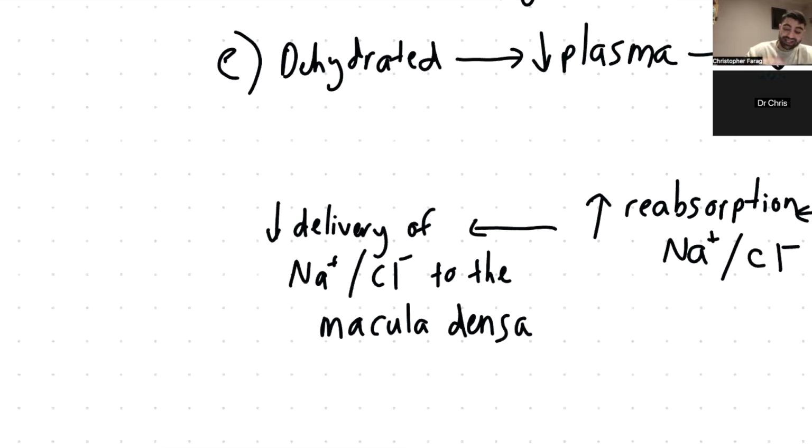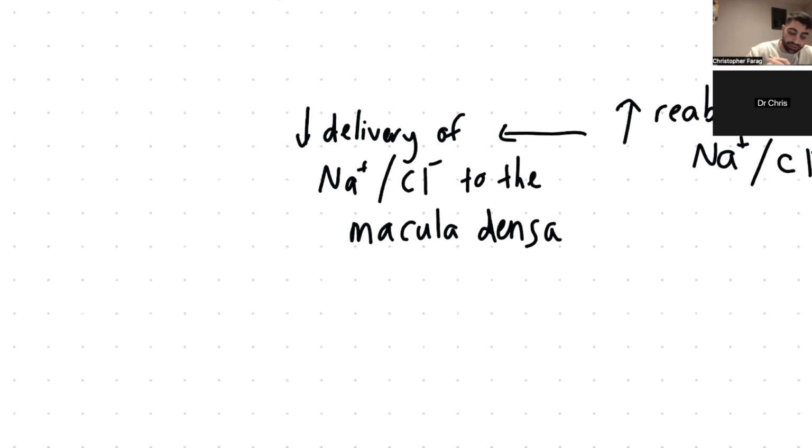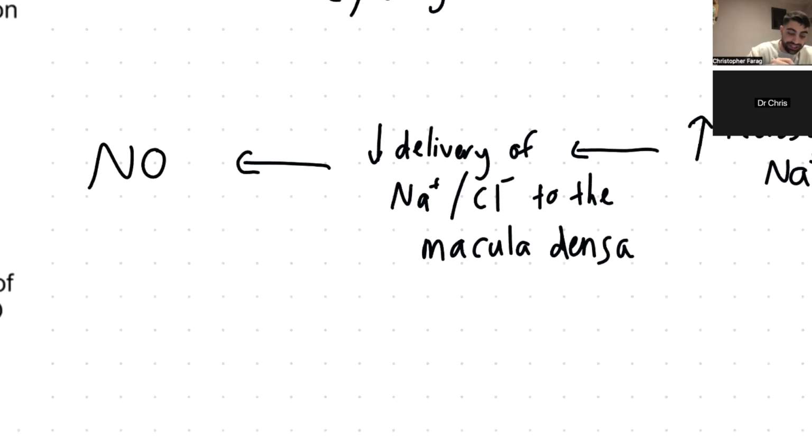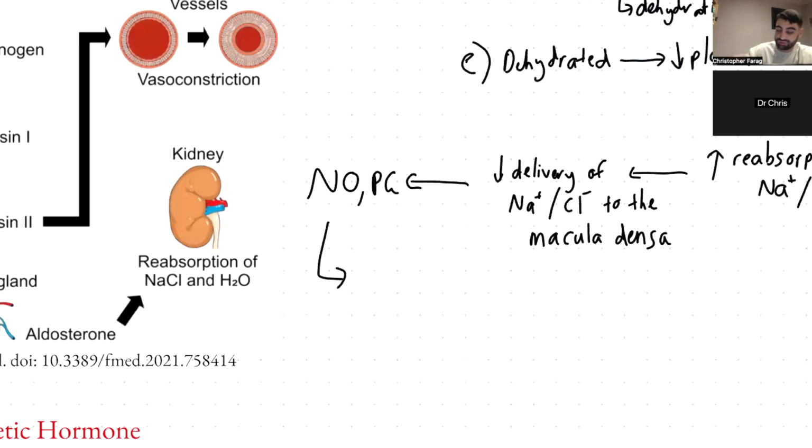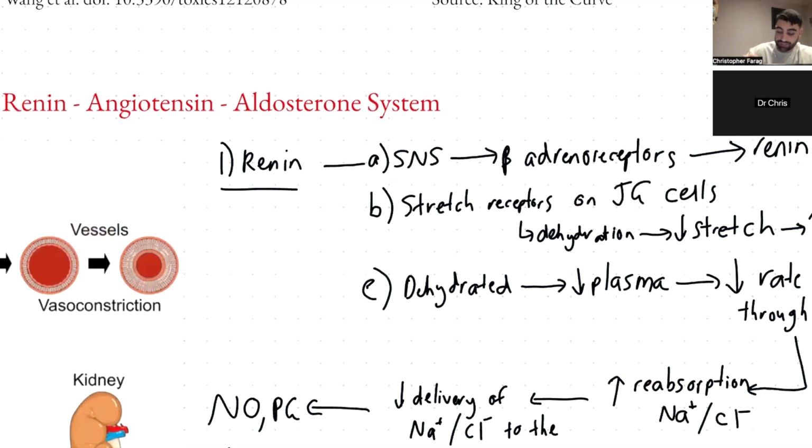Through local mediators such as nitric oxide, NO, and prostaglandins, PG, this causes our juxtaglomerular cells, remember, they're right next to the macula densa. I showed you that diagram, right? The juxtaglomerular cells sitting on the afferent arteriole are right next to the macula densa because it curves around, right?